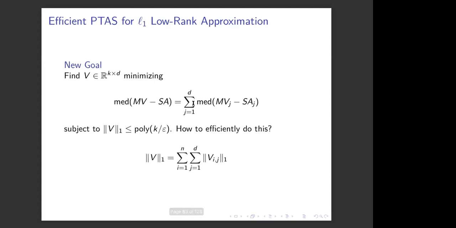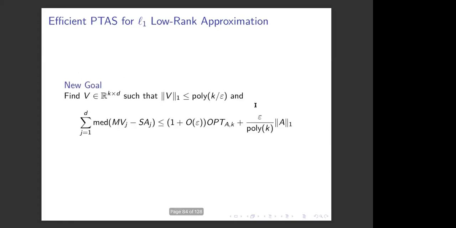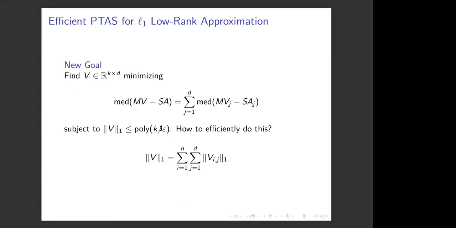But these errors are no longer decoupled, because this constraint includes information from all the columns. It's a sum of all the entries in the right factor, right? So it's not so easy to just solve these objectives separately. So let's see how we can actually do this efficiently in FPT time.